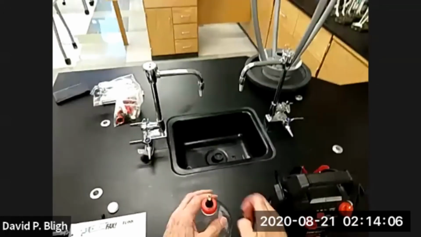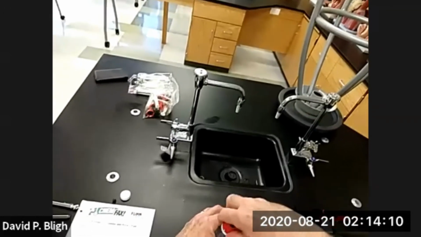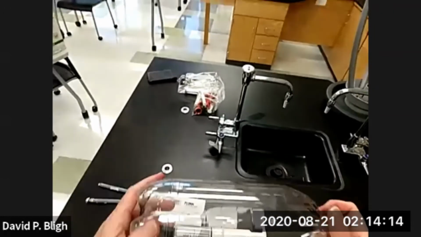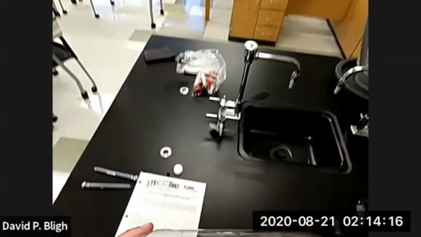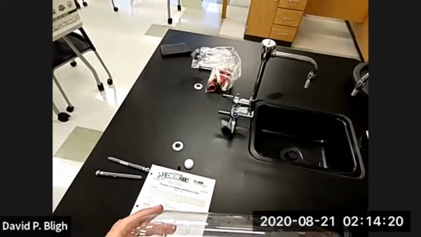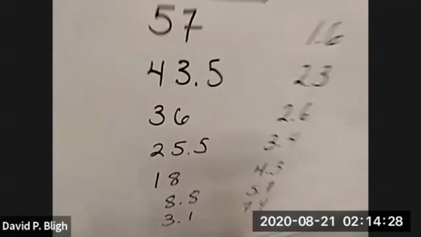So we remove the cap, and that's our 0 gauge pressure. What volume is that? It's not quite back to 10. It's about 9.8 milliliters.